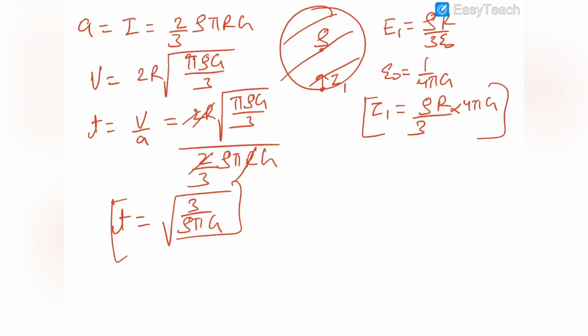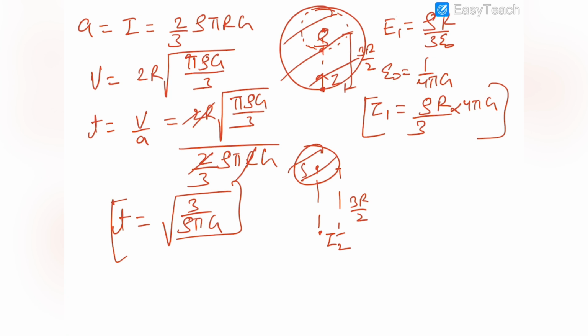Now when a cavity is carved in this sphere, then you can see that the cavity would be present here, and the distance of the center of the cavity from this point will be 3r by 2. So we have to find out the intensity of gravitational field due to this cavity at this point, which is at a distance of 3r by 2.